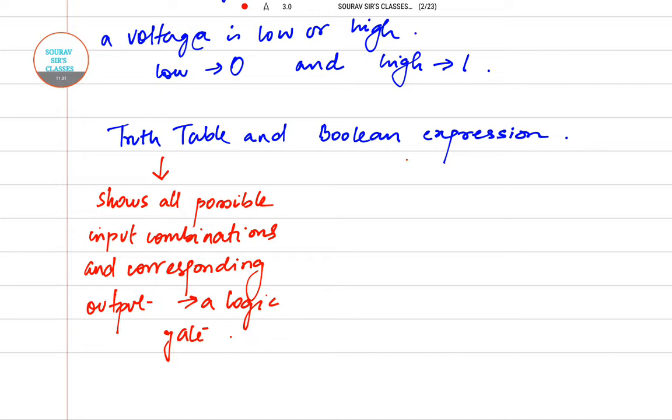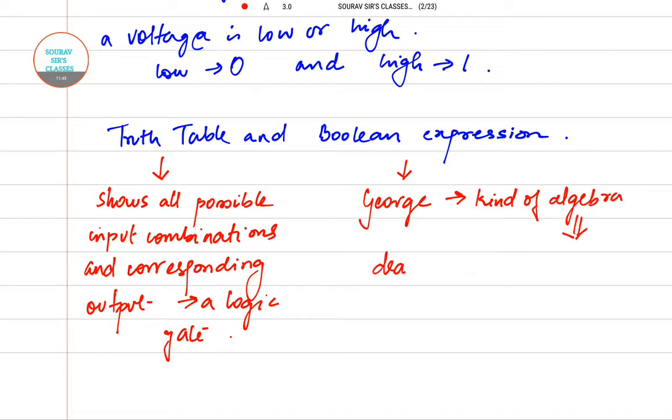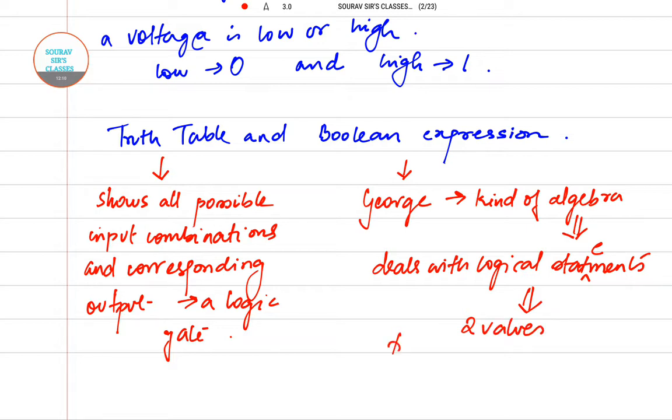While the Boolean expression, this person, Mr. George Boole, invented a kind of algebra which deals with logical statements that have only two values, namely either a true or a false value.